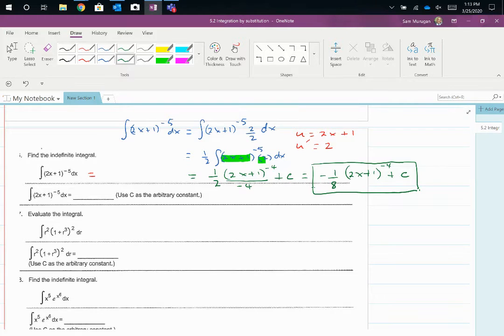So you have to manufacture that value for u prime if it's not there. Here's another example. Let u equal to 1 plus r cubed.